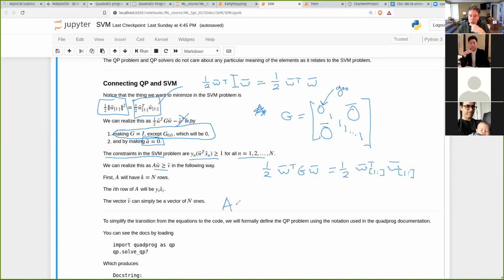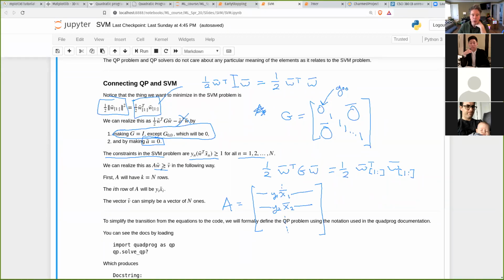What A is going to be is just like X, except that every row is y1 times x1. y1 is just plus or minus 1, so this is a scalar times a vector, so it's still a vector. And then y2 times x2 is the next row, and so on, all the way down. So we have one of those for every point in the training set.